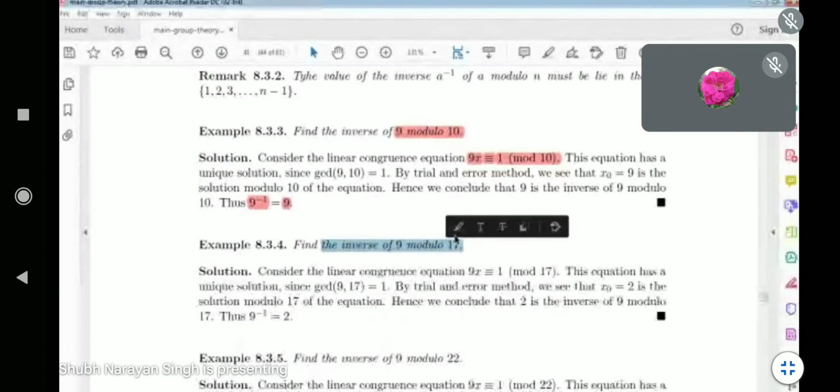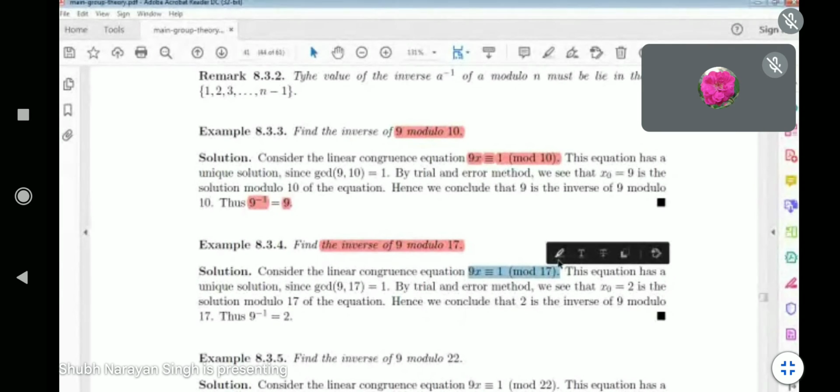That means we must find a solution of this congruence equation 9x congruent to 1 modulo 17. So here you see that a is equal to 9, n is equal to 17 and b is equal to 1.